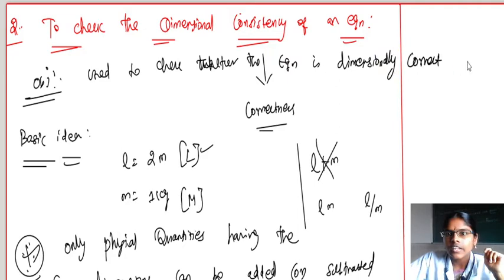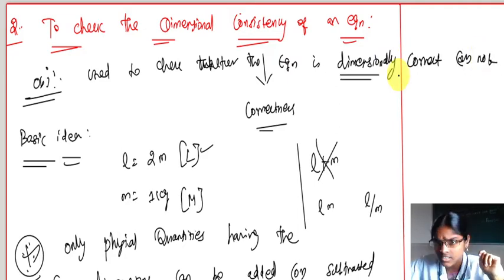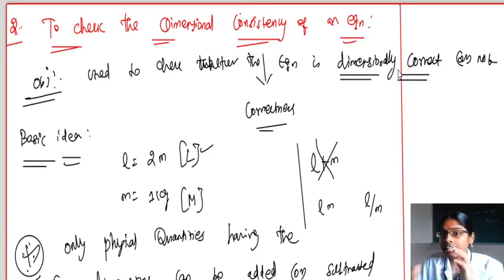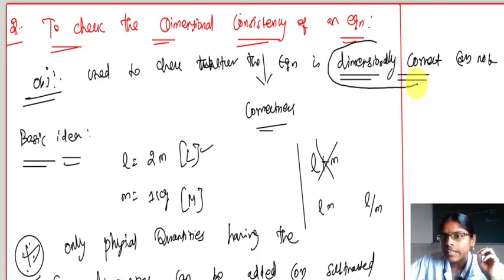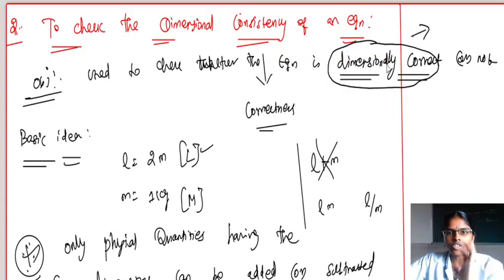This is very, very important. This is the keyword. I will tell you the importance of this word at the end of this class. Just remember, we are going to check whether the equation is dimensionally correct or not, right?